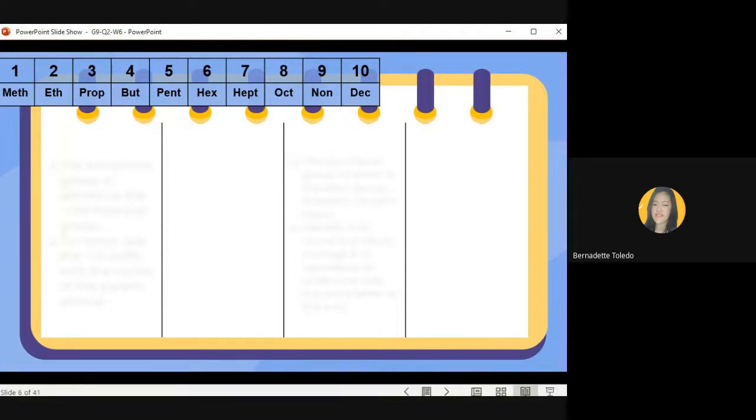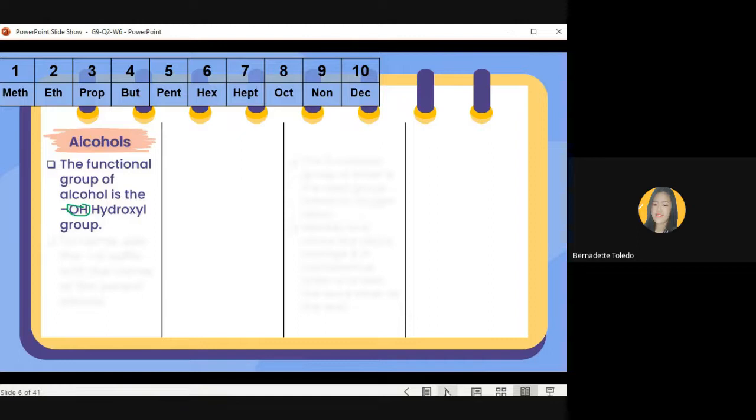Let's start with the alcohol. Alcohol has a functional group of hydroxyl or OH. We can observe the compound as an alcohol if we observe this functional group OH.